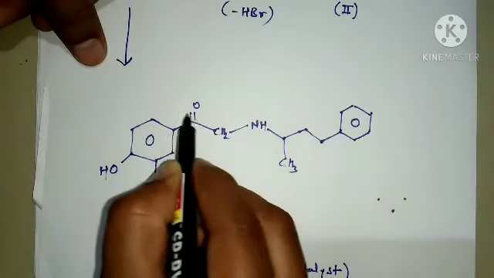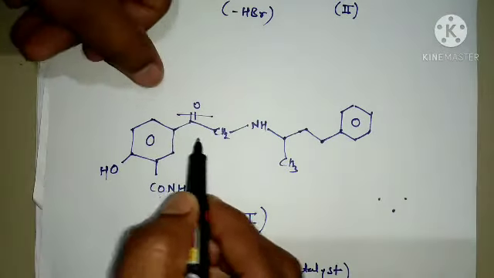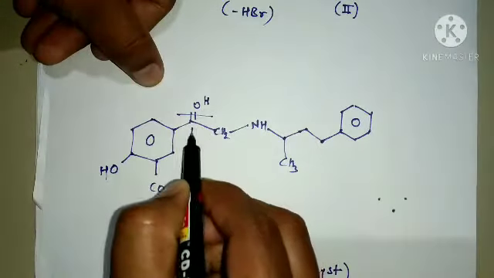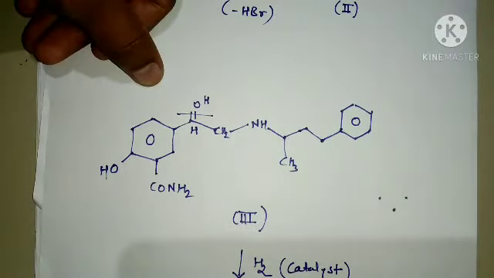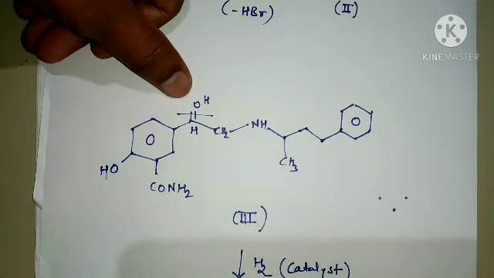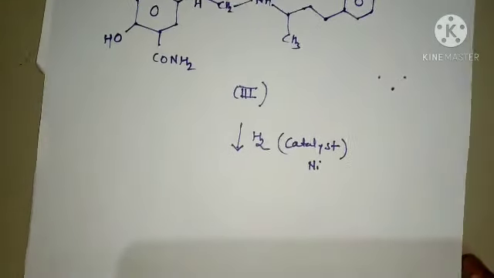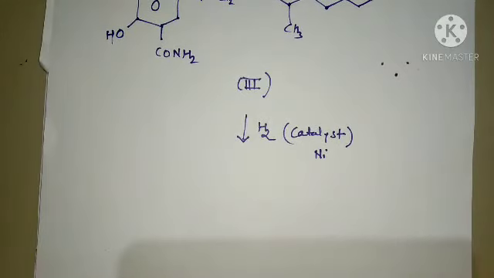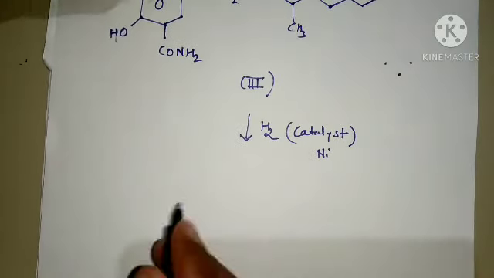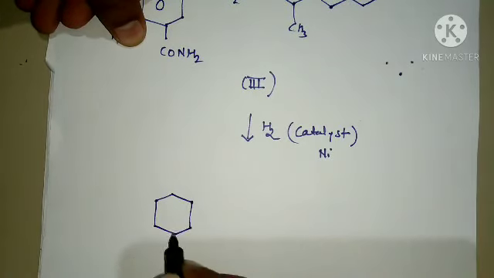In the hydrogenation process, 2 hydrogens are added across the C double bond O with formation of CHOH. That means alcohol formation takes place, and that is your last step.